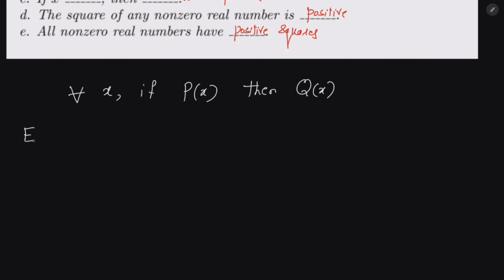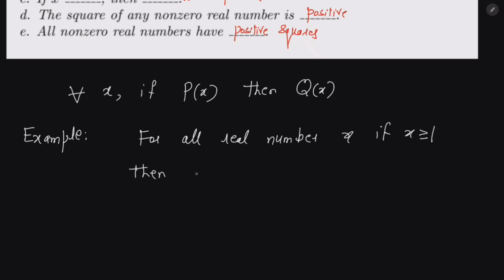Example: for all real numbers x, if x is greater than or equal to 1, then x square is greater than or equal to 1. So in the first part we have for all, and in the second part we have if and then.